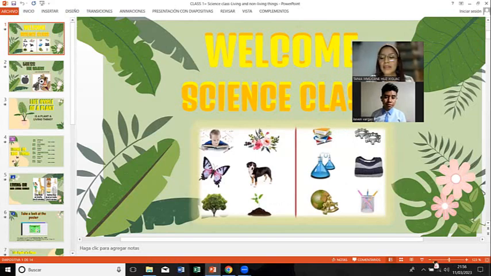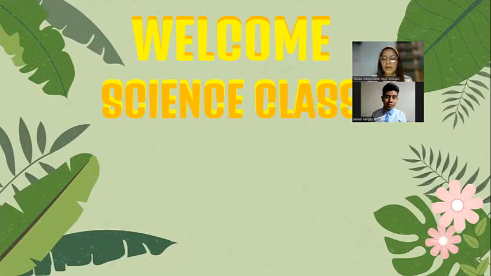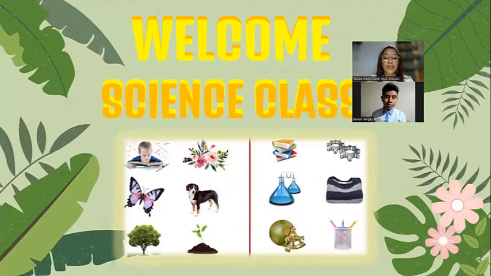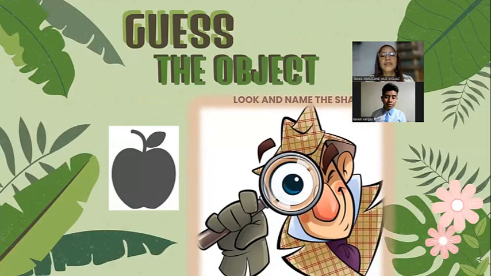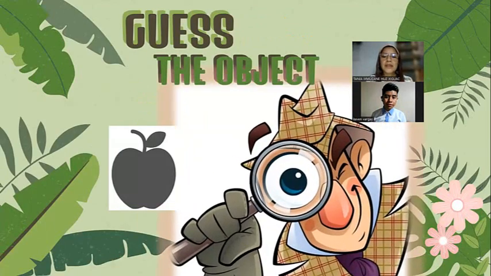So as I was telling you, the colors are very important to get students' attention, but also the teacher has to always start with an activity, and this activity is called warm up, which is a game. It can be a song or something that is related to the content of the class.